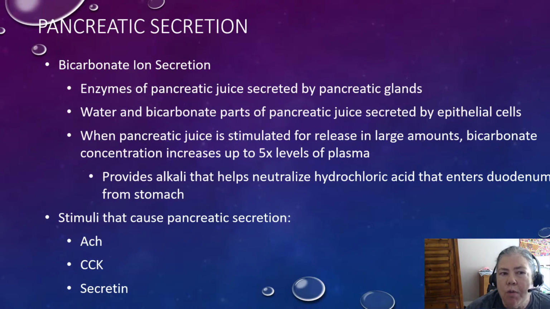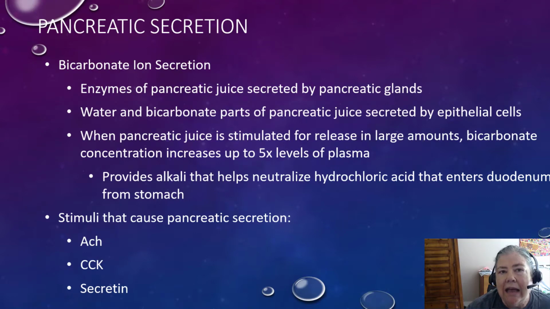When there are hormonal or neural impulses stimulating the release of pancreatic juice, the bicarbonate concentration increases dramatically, up to 5 times the levels of bicarbonate in plasma.